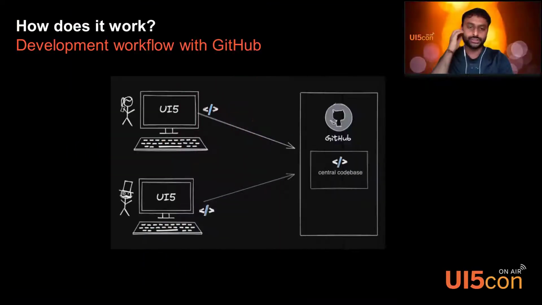Hello, everyone. As Nitish already explained, this is how our UI5 development setup was looking. We were multiple developers working on our own favorite web development tools such as VS Code, Web IDE, or many other tools.